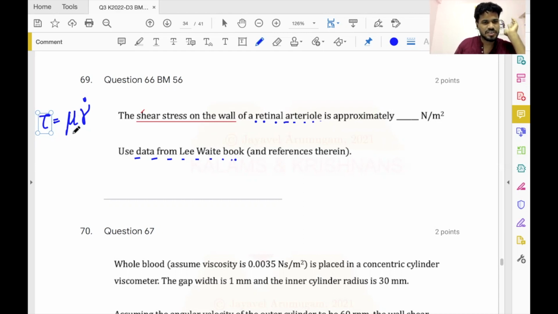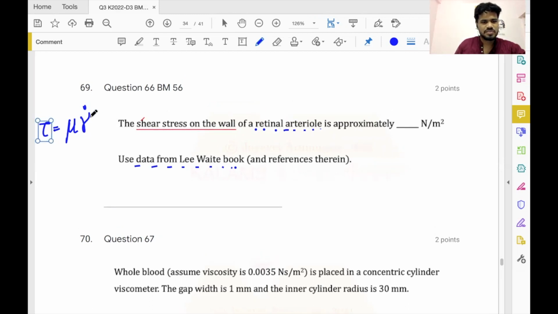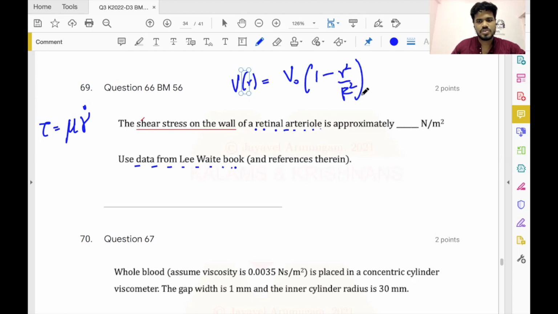Anything will work here. Gamma dot is what we have to be careful about. This is the velocity gradient. Velocity as a function of r is v naught into 1 minus r square by R square, the parabolic profile.